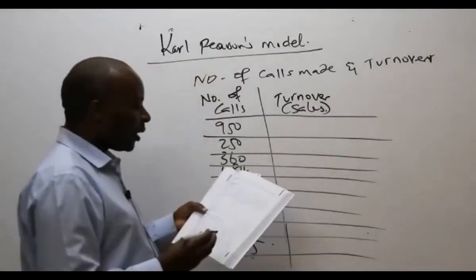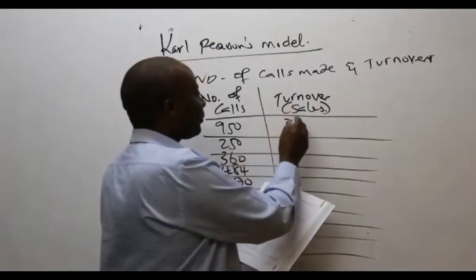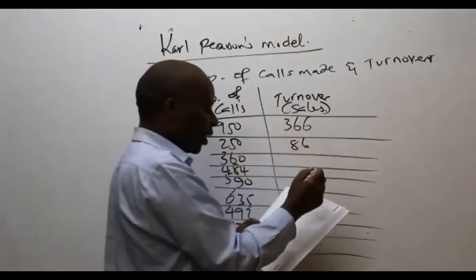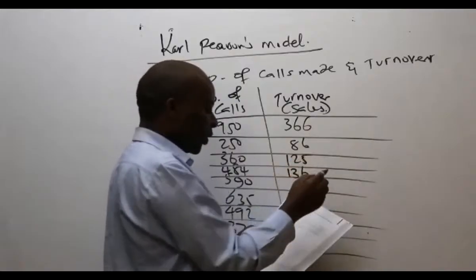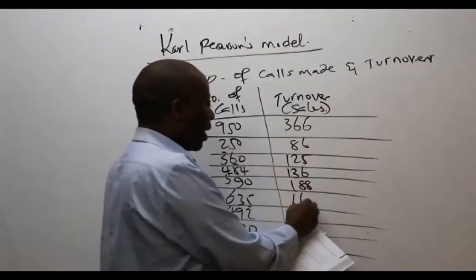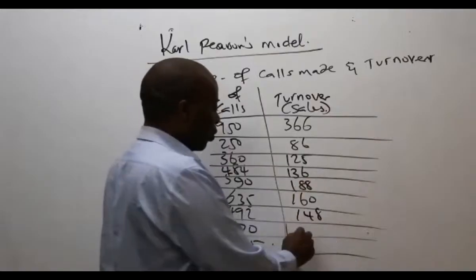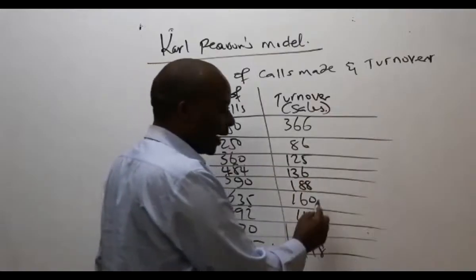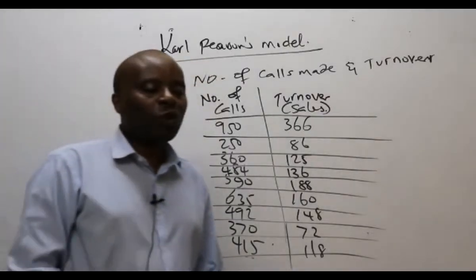So the first turnover they have given me is 366. We have 86, we have 125, we have 136, we have 188, we have 160, we have 148, we have 72, and then we have 118. So please, first of all, we must copy up to there.